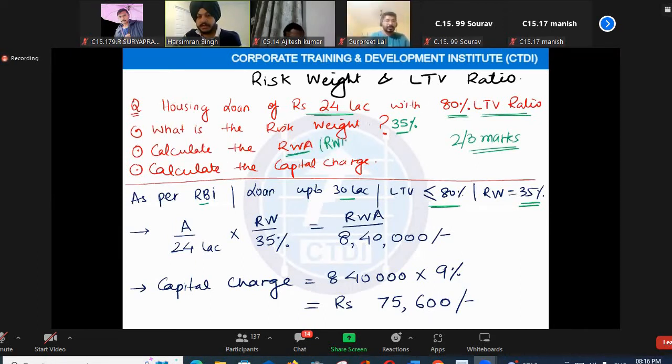RWA is always risk weight into your asset value. So in this case, what is your asset value? 24 lakhs. What is your risk weight? 35%. So RWA is 8,40,000. That means out of 24 lakh loan, the risky portion is considered to be 8,40,000. Now next, what is the minimum capital required? Capital charge. We always know that it is 9% of your RWA. So 9% of 8,40,000.